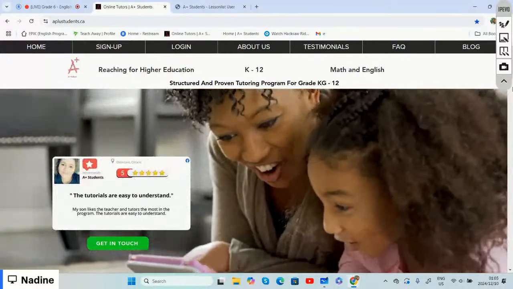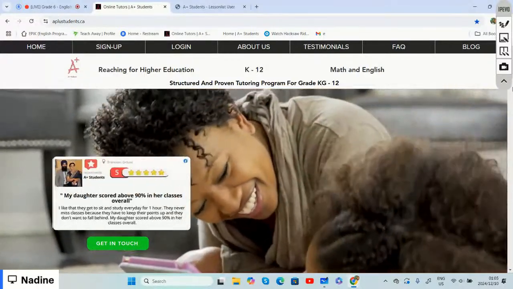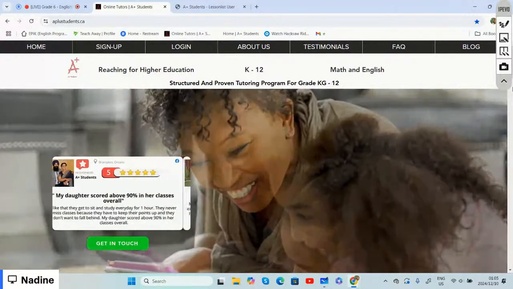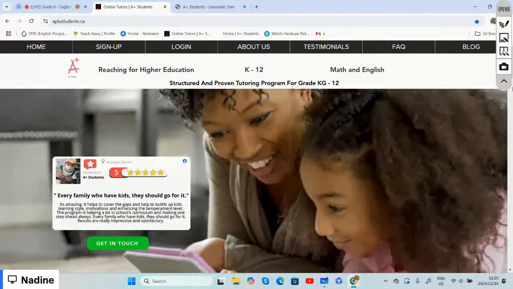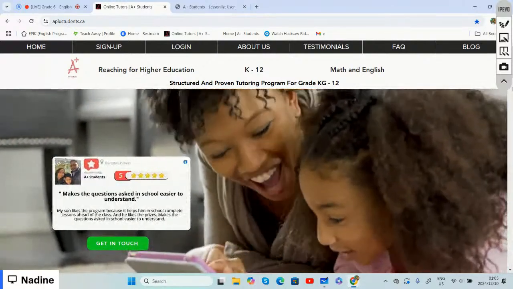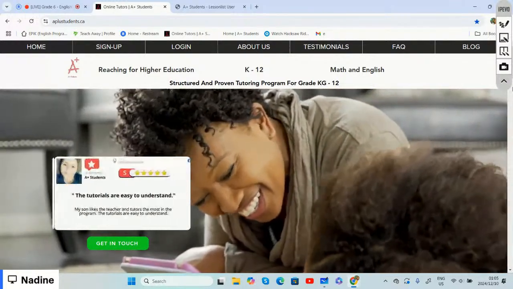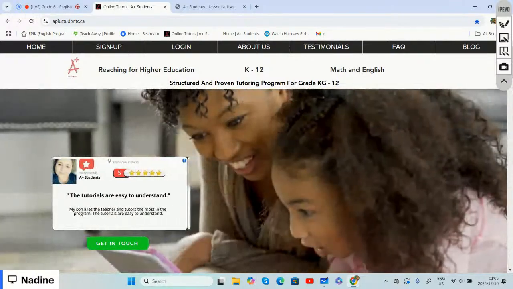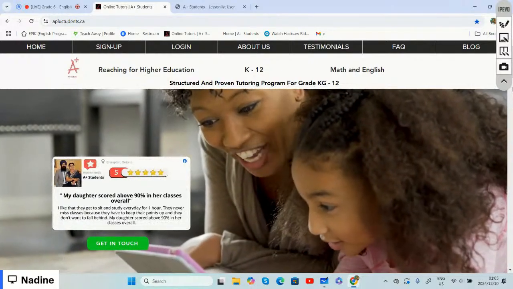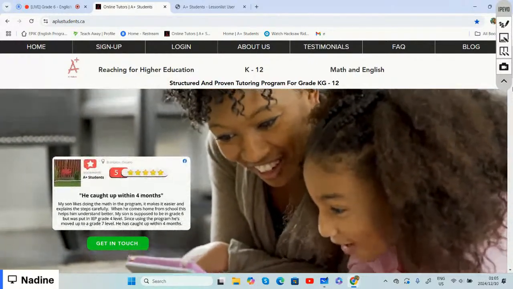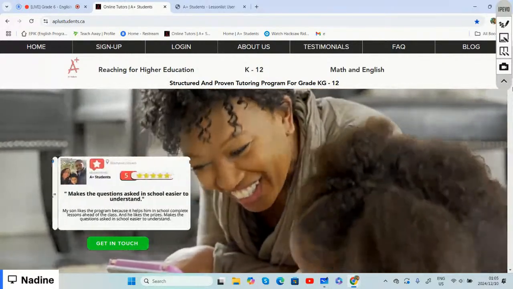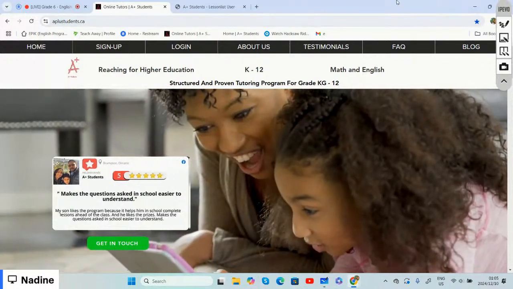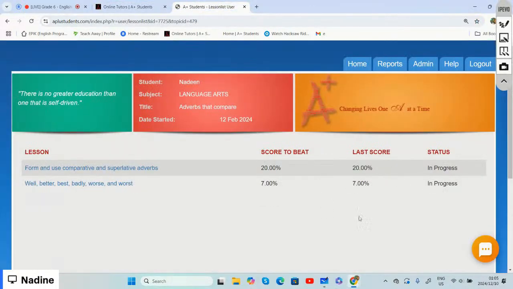We're doing grade 6. And then we're going to scroll down until we get to our chapter of adverbs that compare.